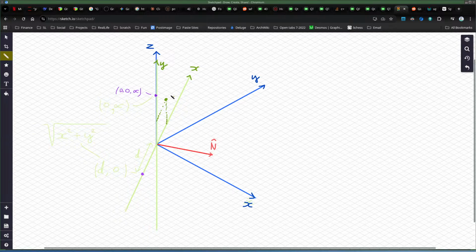And this point has coordinates in the 3D space as well, x, y, z.